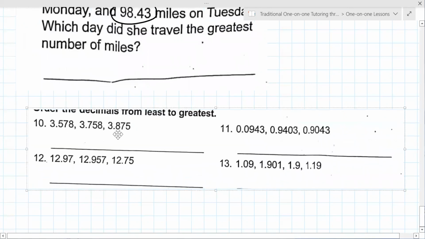Yeah, so when they all have the same number of decimal positions, then you can just find the largest. So I guess it's from least to greatest. These are actually already in the order, so I guess just write them as is.